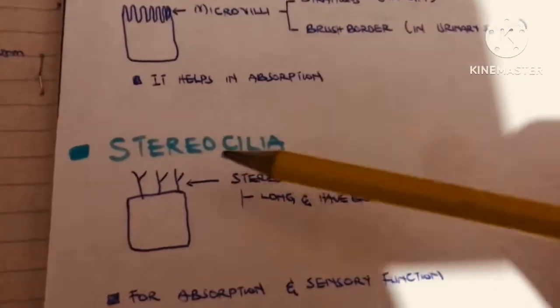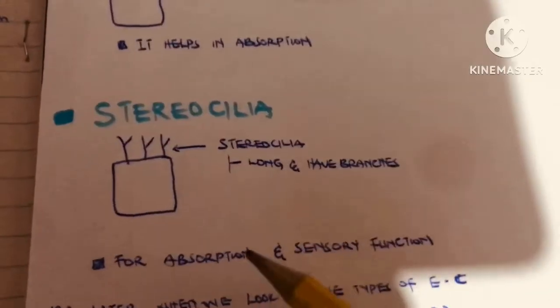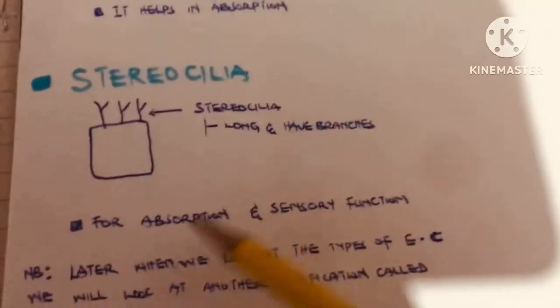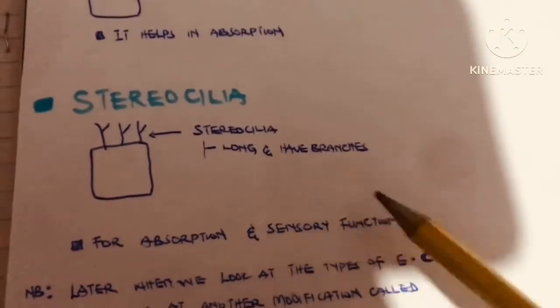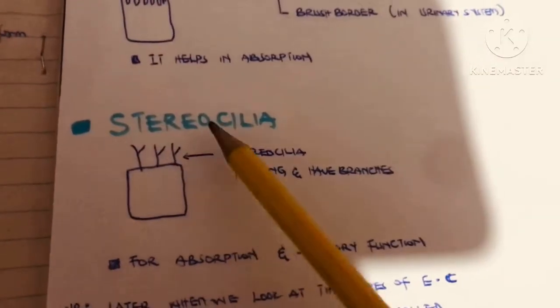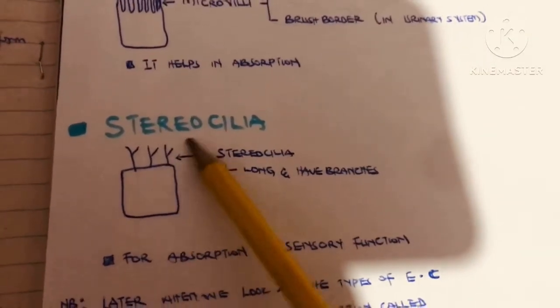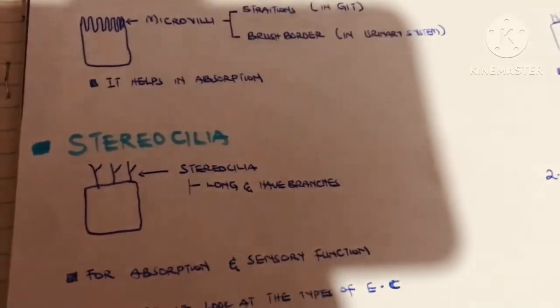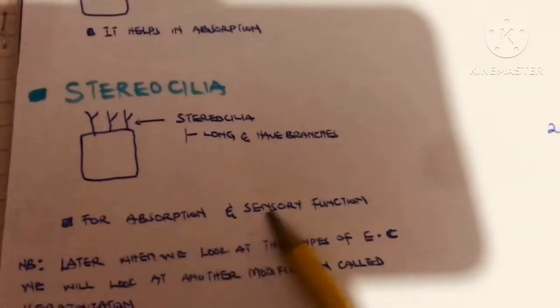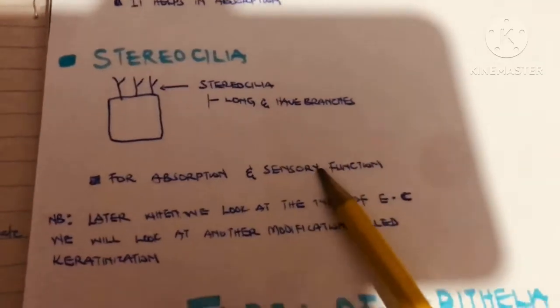Because this stereocilia is for absorption, not for movement. It's for absorption, and also for sensory function. They are long and branched. That's the difference between stereocilia and cilia.